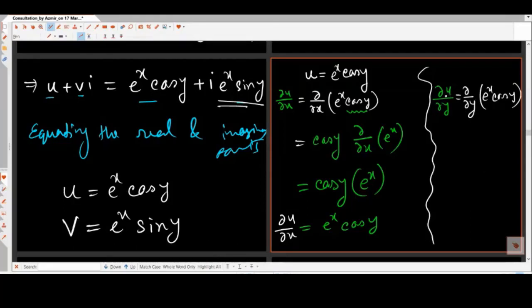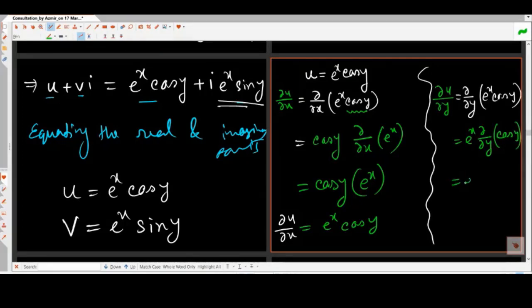Similarly, let's find du dy. So here we are differentiating in terms of y. So x will be constant. Since x is constant, the whole part e to the x is also constant. So we can pull out e to the x before the derivative sign. So e to the x times d dy of cosine y.